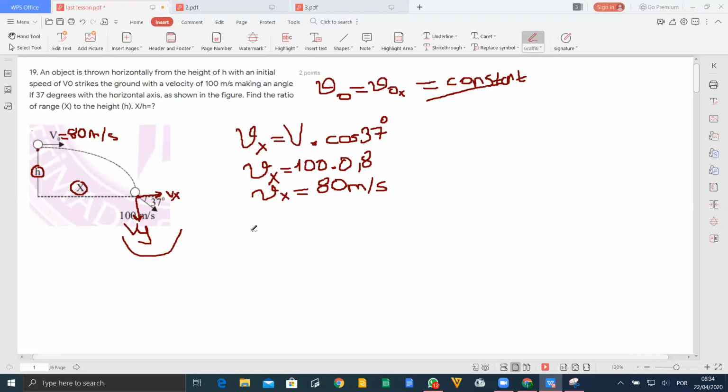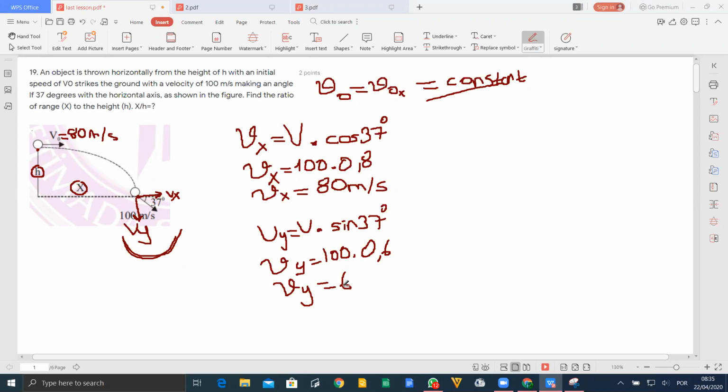So what about Vy? Because especially Vy will help us to find out the time taken. Vy is equal to V times sine 37, and Vy is equal to 100 times 0.6, and then Vy will be 60 meters per second.